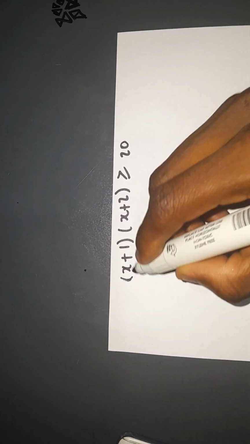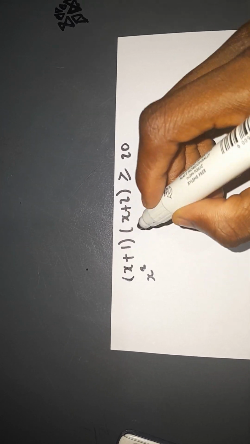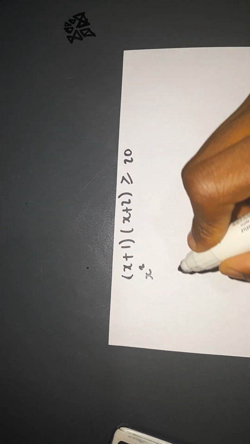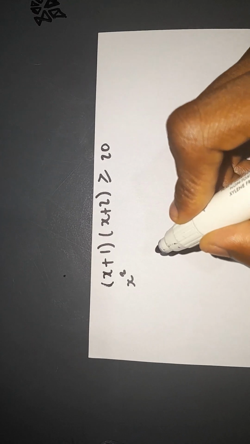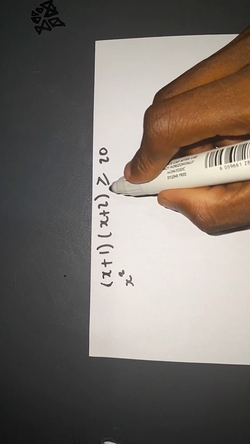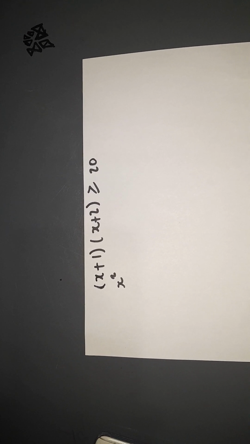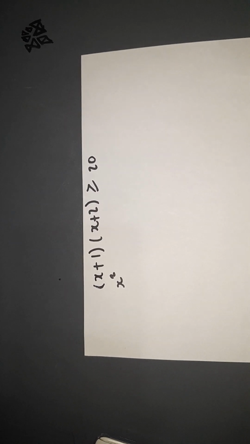So it's x times x, which will give us x squared. Sorry for that, if you have not watched my video on factorizing, you can watch that video for extra practice.